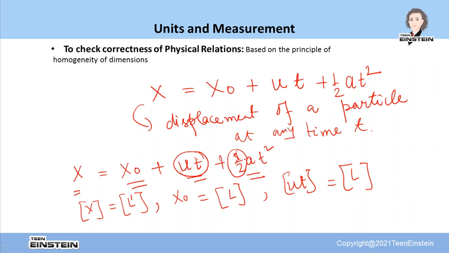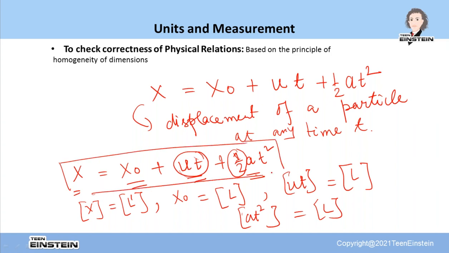So this a t square also has to have dimension of length. Then only this equation will be dimensionally correct, or it will be perfectly correct.